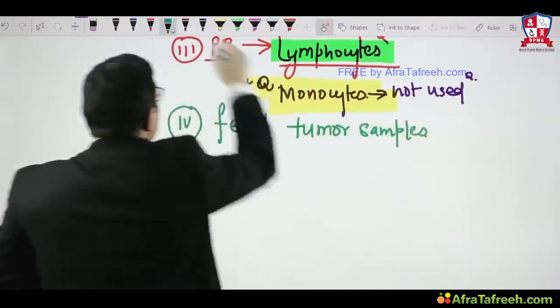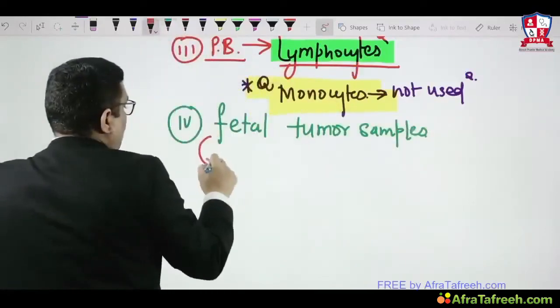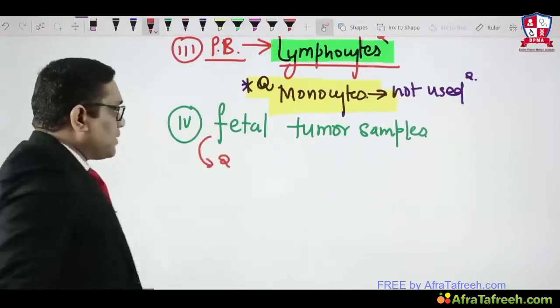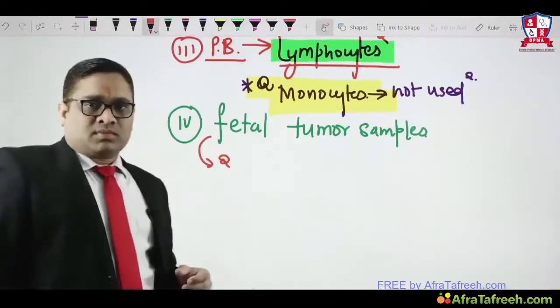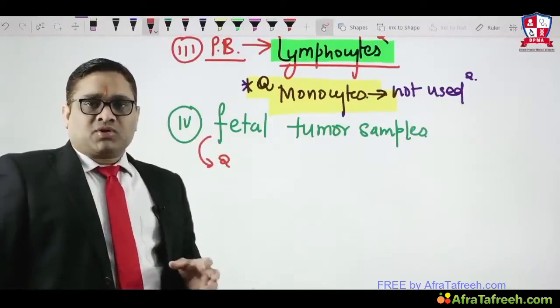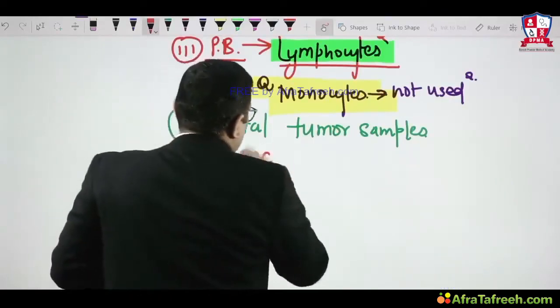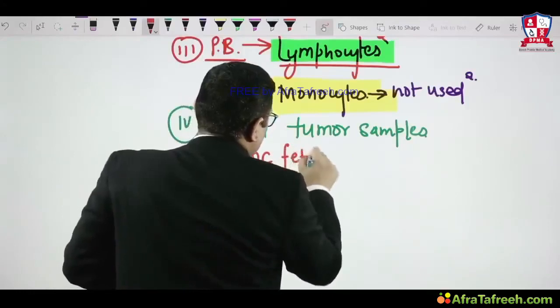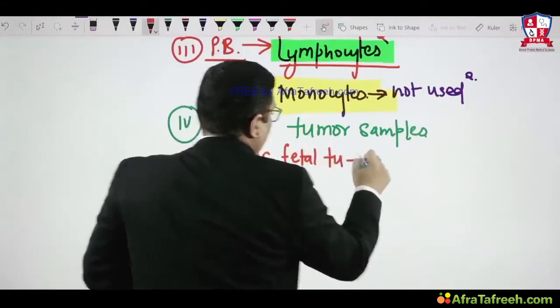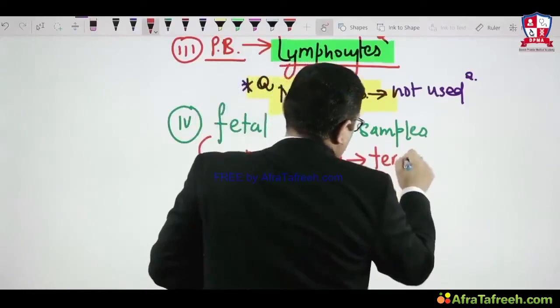Here I would like to tell you one important question which the examiner had asked in All India exam. What is the most common fetal tumor? Teratoma, right? So we have to keep that in mind.